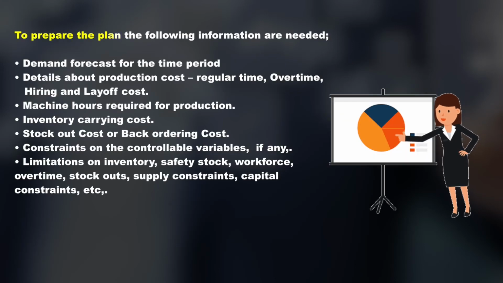So, to prepare the plan, the following information is needed: demand forecast for the time period, details about the production costs like regular time production cost, overtime production cost, hiring cost, layoff cost of the laborers, machine hours required for production, inventory carrying cost, stock out cost or back ordering cost, constraints on the controllable variables if any, then limitations on inventory, safety stock, workforce, overtime, stock outs, supply contracts, capital constraints, etc. should be known when we do the process of aggregate production planning.